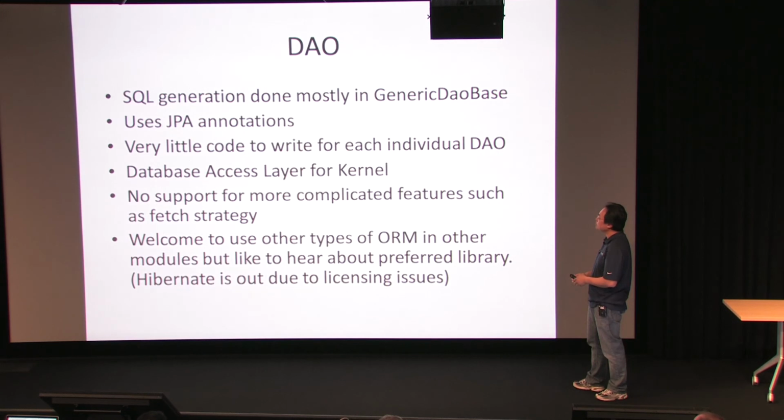The thing that caused confusion is that a lot of developers who are writing code that is above the kernel layer started thinking, oh, our DAO is our ORM for the entire product, and they started using it, and it is sufficiently good enough for people to use, but it's not really meant to be used that way.